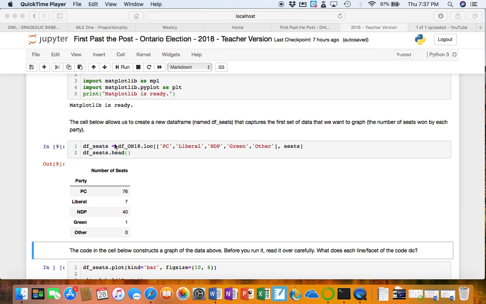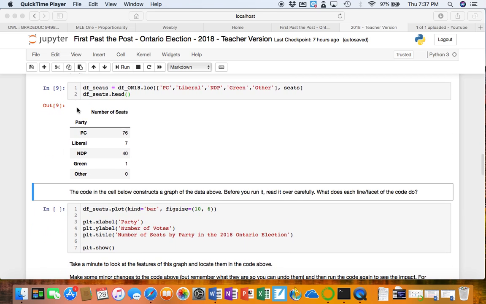In this cell, I've isolated one part of the data, the number of seats, and I've created a smaller data frame. Now, this data frame, called df_seats, we've got in this cell, and we're going to plot a bar graph.